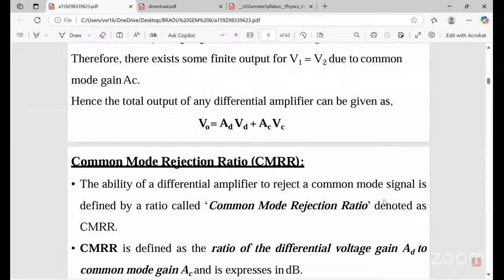So the total output of any differential amplifier is V naught equals AD into VD, where VD is V1 minus V2, plus AC into VC. What is VC? V1 plus V2 by 2. Okay.